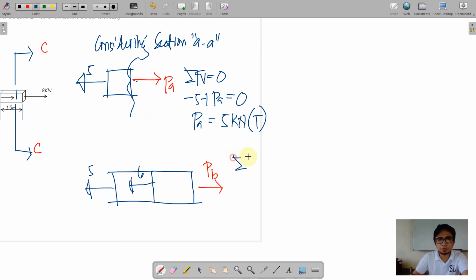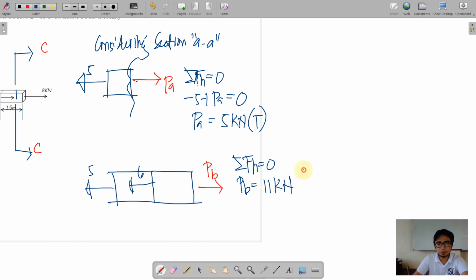we have summation of forces vertical is equal to 0. Sorry, it should be horizontal. So therefore we have PB equal to 11 kilonewton.